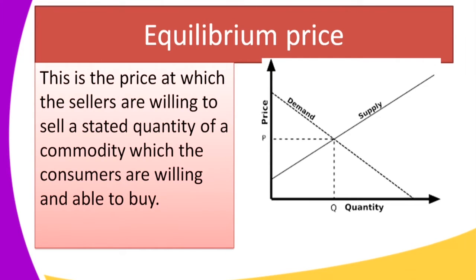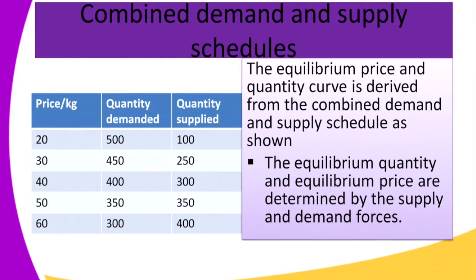Let's now look at the combined demand and supply schedules. How do we come up with the equilibrium point? It is important to note that we come up with the equilibrium point after plotting the demand curve and also the supply curve with the price on the y-axis. We have an example of a schedule there.